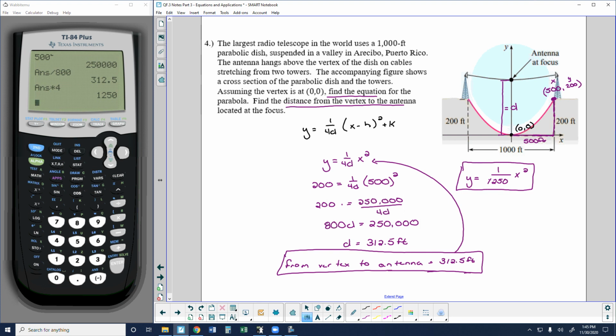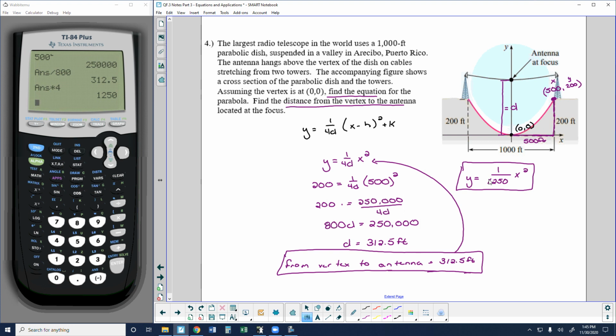So now I have an equation to represent the parabolic dish, and I have the distance from the vertex to the antenna. What this is useful for is, if we have the dimensions of this canyon, or we know that we need a parabolic dish of this size, I can create my equation. That will give me a path to map out the creation of the parabolic dish.